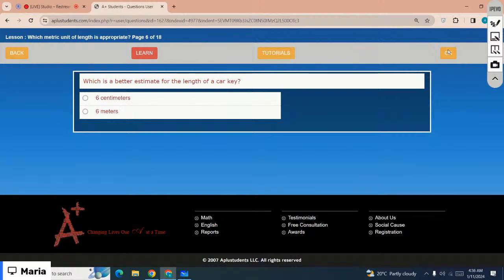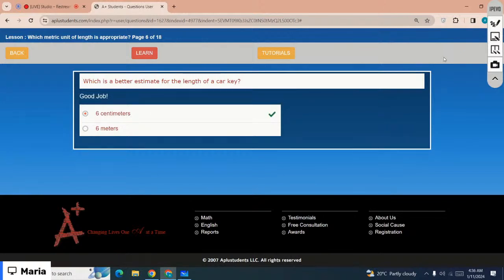Which is a better estimate for the length of a car key, 6 centimeters or 6 meters? The correct option is 6 centimeters. It is right. That is a car key, so it is 6 centimeters.